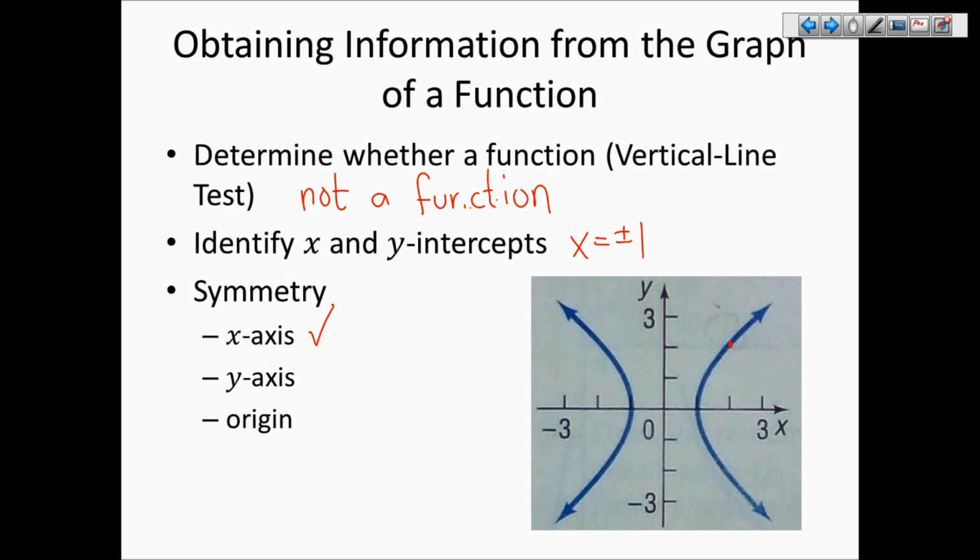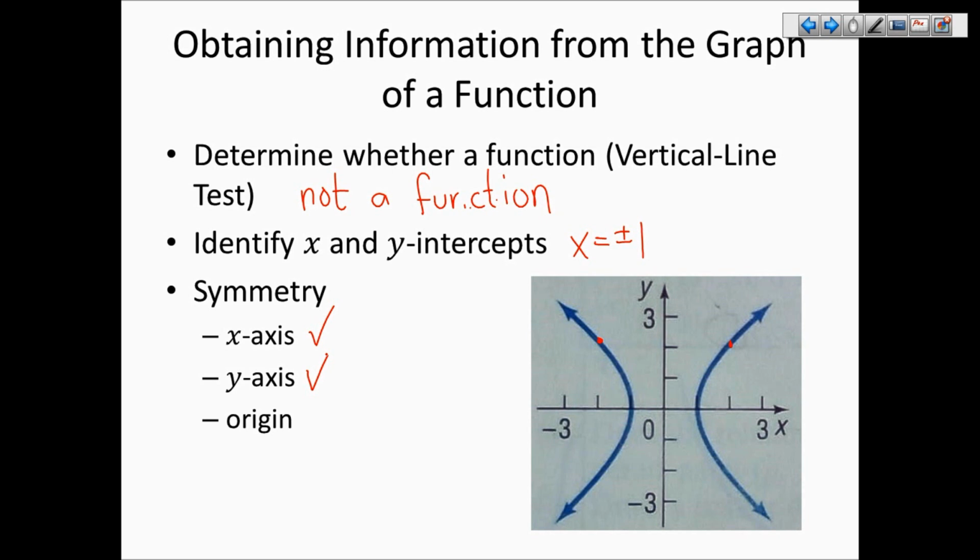In order to test for symmetry over the y-axis, for every point on the right side, there's a point on the left side that has the same y value, but the opposite x value. So this graph is symmetric over the y-axis.